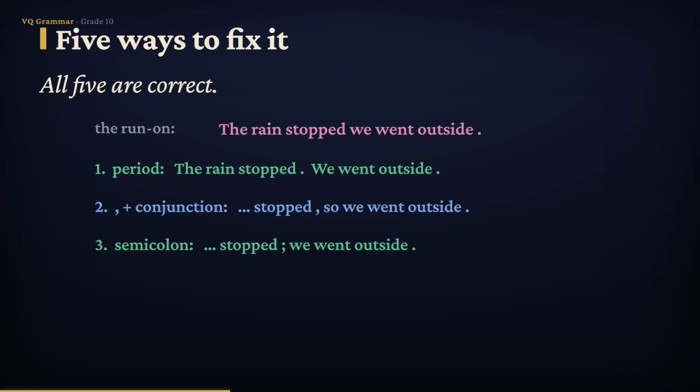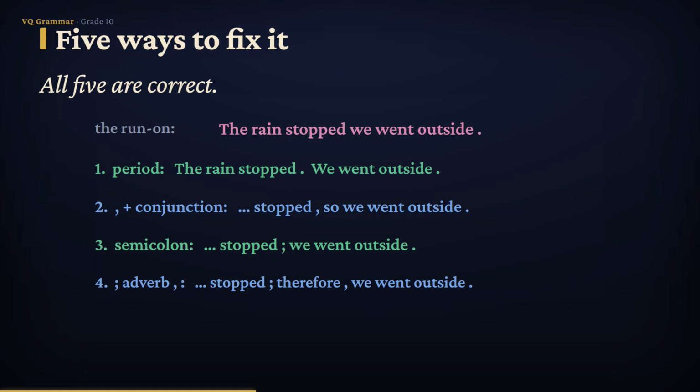Fix 3. Use a semicolon. The rain stopped; we went outside. That semicolon is strong enough to join two main clauses on its own. That is Lesson 25 territory, the compound sentence. Fix 4. Use a semicolon, then a conjunctive adverb, then a comma.